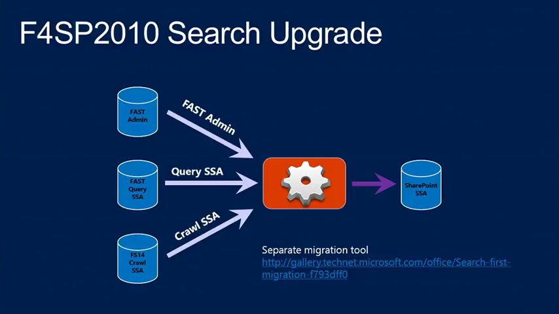Now, FAST query is responsible for managed properties and for the query response. The FAST crawl is responsible for content acquisition. So we're basically taking your content configuration, your query configuration, and your admin configuration, running some PowerShell scripts and some custom SQL scripts that, yes, do write access to databases, and they create a kind of customized, bespoke database that looks, to all intents and purposes, like a SharePoint 2010 Search Admin DB.